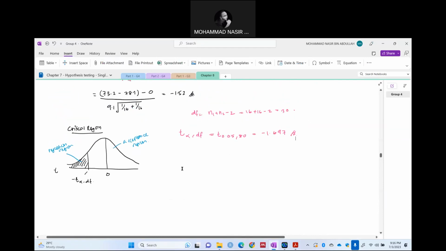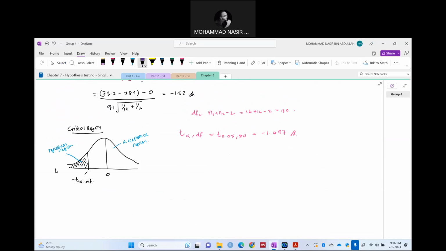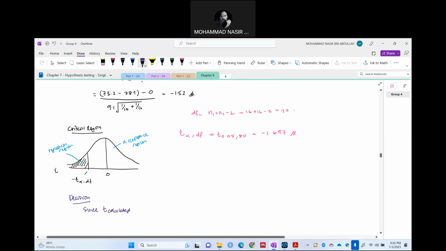So next, the decision. Since T calculated, negative 1.52, is more than negative T alpha with degrees of freedom, the null hypothesis is accepted.